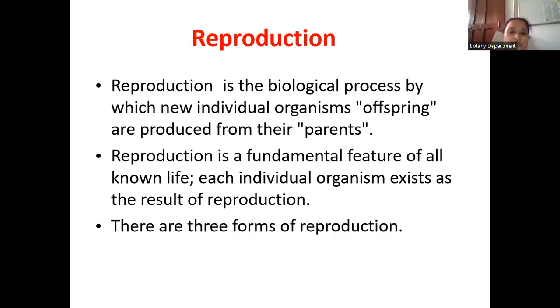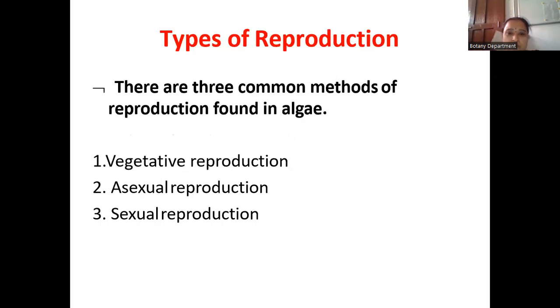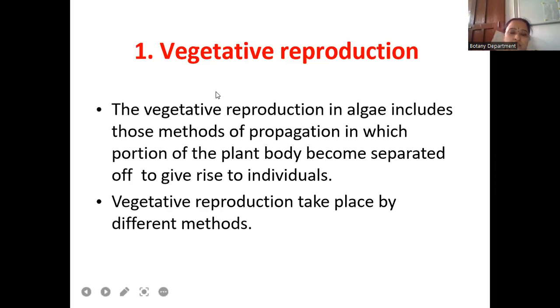That is the definition of reproduction. In algae, there are three types of reproduction: vegetative reproduction, asexual reproduction, and sexual reproduction.